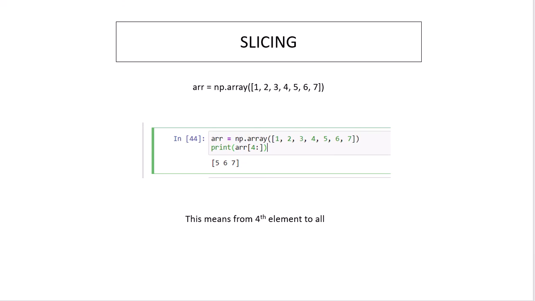For example, if I had written array, square braces, then 4, then colon, and one more colon, and then 2, I am directing it to extract from the fourth index to all and then extract every second element of the result. That means my answer is going to be 5 and 7. It's very simple, just think about it.